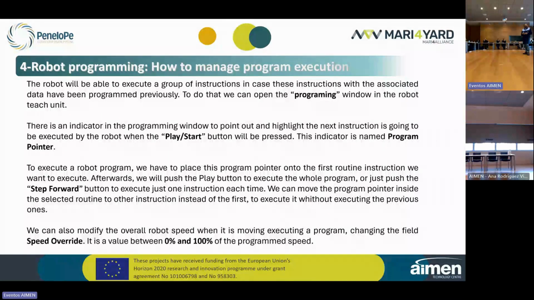If we push the play button, the robot is going to execute all the instructions inside of the routine. But if we want to execute just one instruction at a time, step by step, we have to push the step forward button instead.